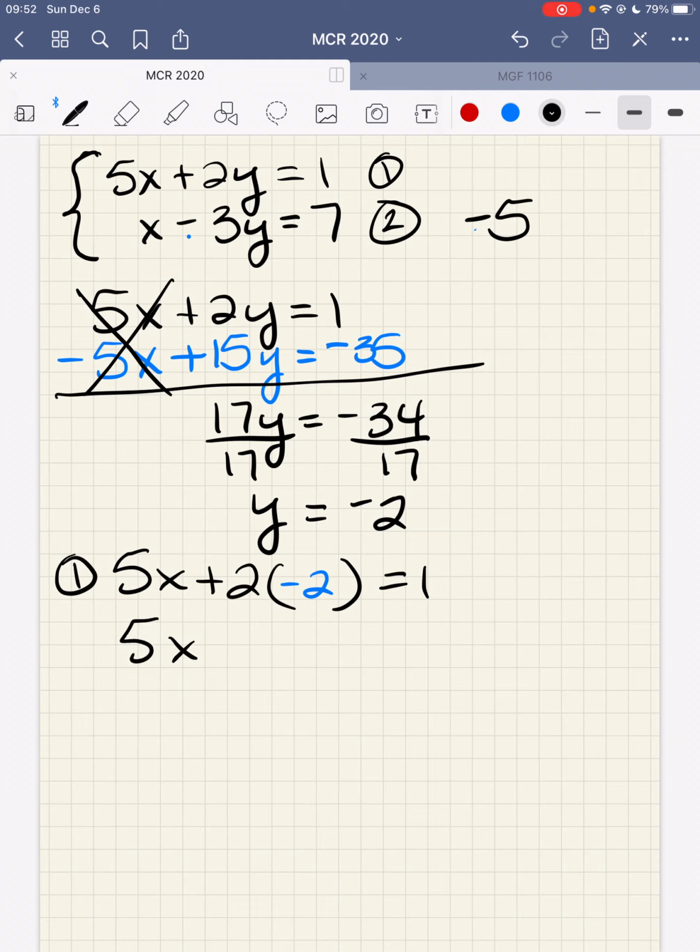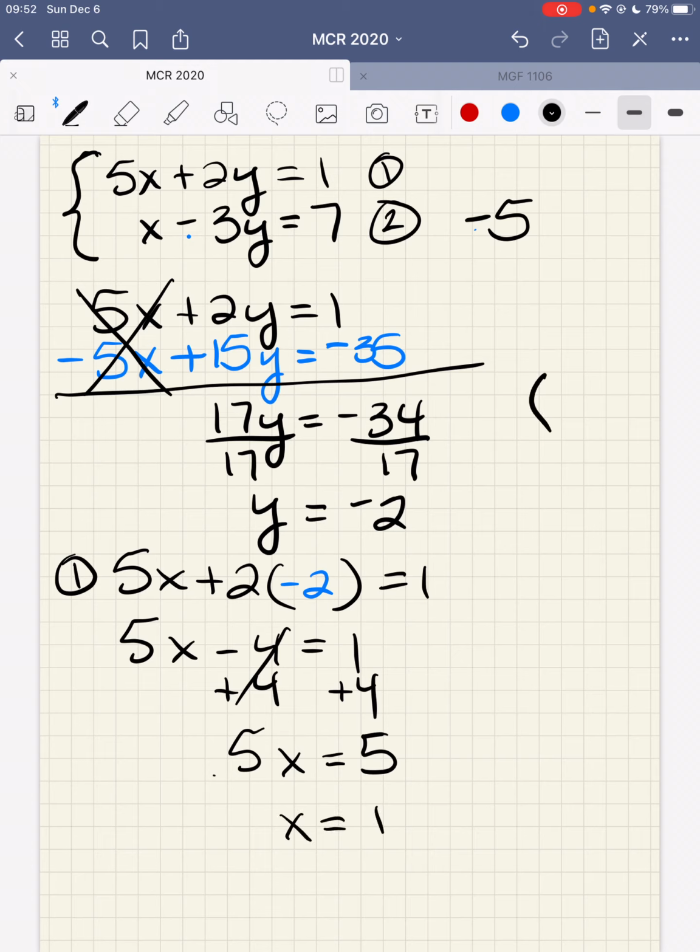So I have 5x minus 4 is equal to positive 1. Add 4 to both sides. 5x is equal to 5. So x is equal to 1. And so my solution will be 1, negative 2. Make sure you're writing them in the right order.